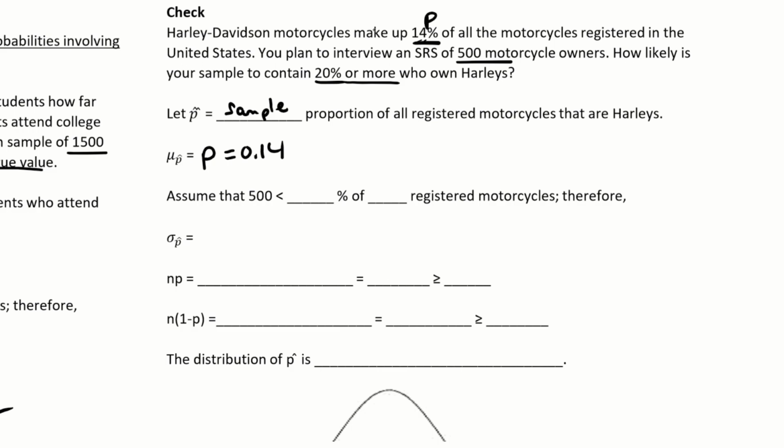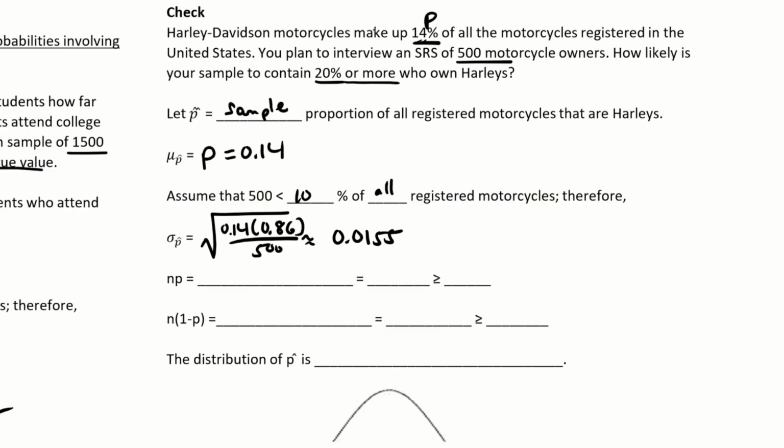Assume that the 500 that we took is less than 10% of all registered motorcycles. Therefore, we can calculate this. So we're going to do p times 1 minus p, so 0.14 times 0.86 over 500. So we get 0.0155.